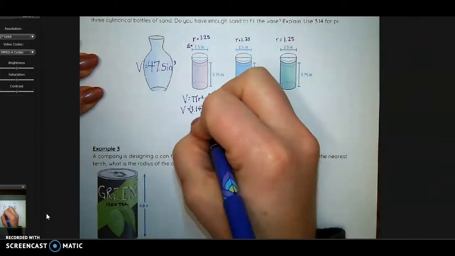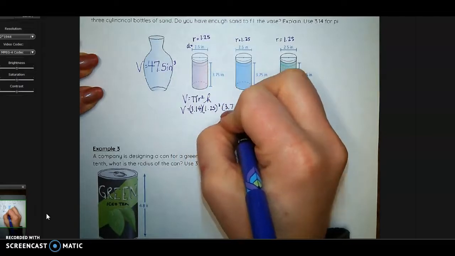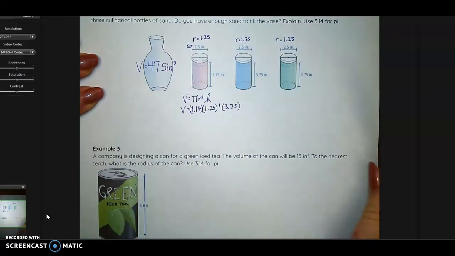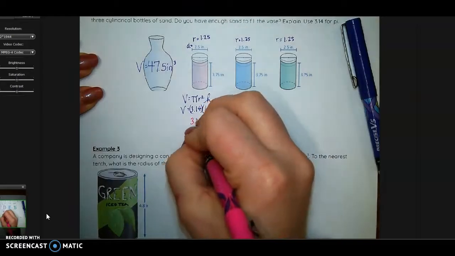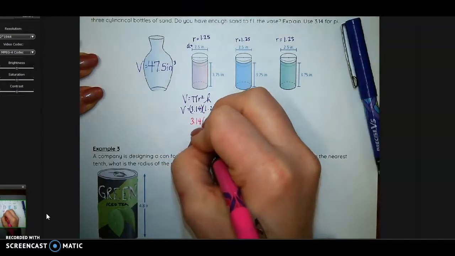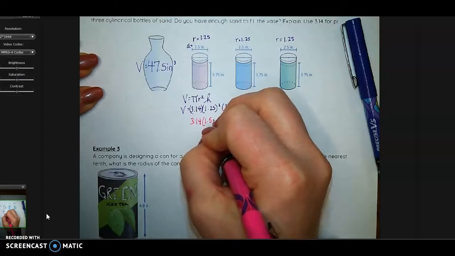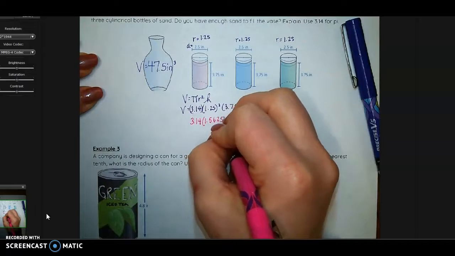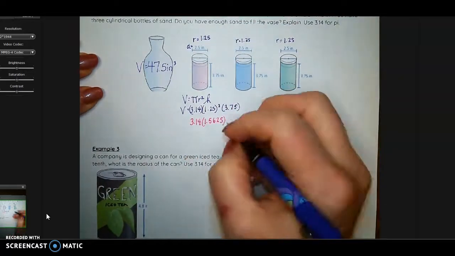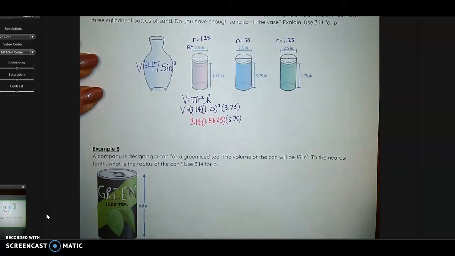So we have 3.14 times 1.25 squared and then times the height, which is 3 75/100ths. When I square 1 25/100ths, I get 1 5,625 10,000ths. And then I'm still multiplying times that 3 75/100ths.